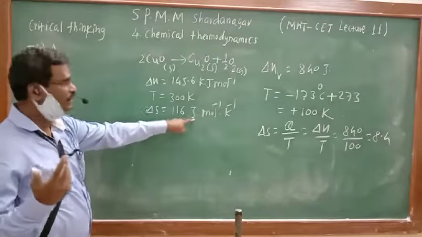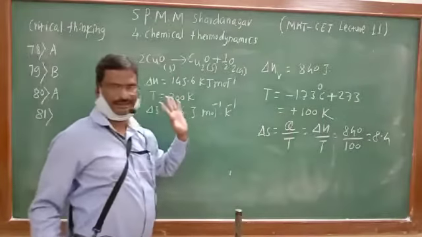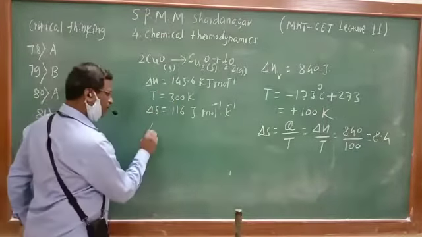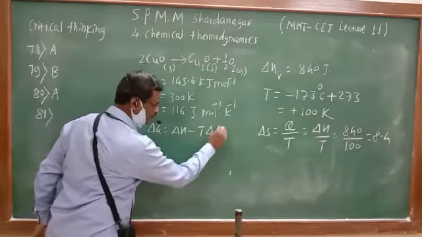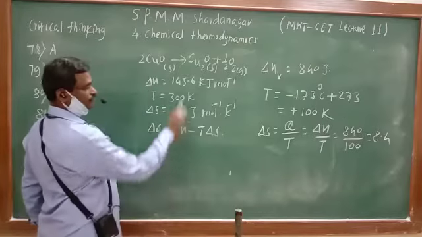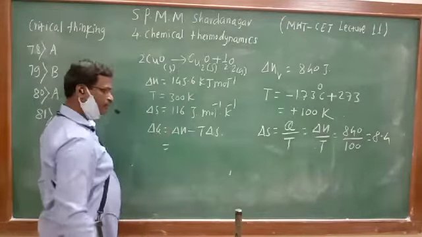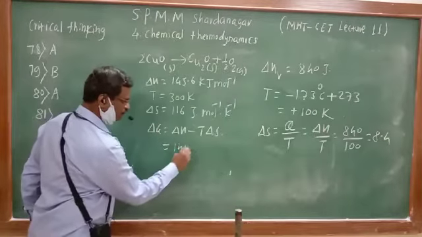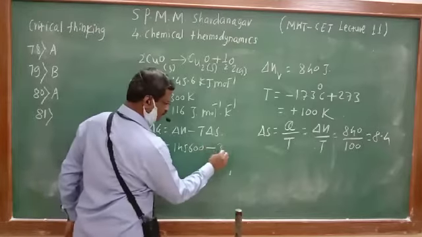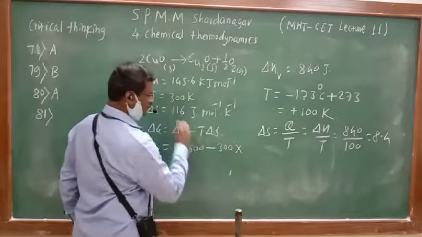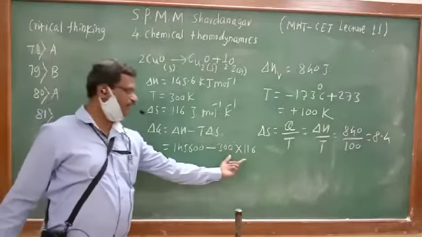So convert kilojoule into joule so that we can substitute in the equation, delta G is equal to delta H minus T delta S. So convert delta H into joule: 145,600 minus temperature 300 into this factor 116. Do the multiplication of this one.